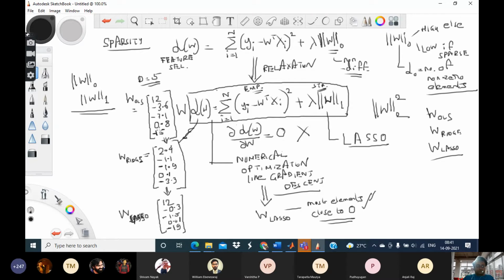Here you can see that the smaller elements have become even smaller, close to zero, but nothing much has happened to the larger elements.